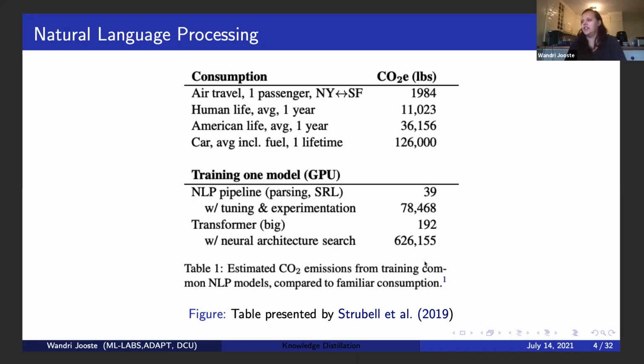As you can see on the slide, one of these models, using GPUs, emits about 5 times more carbon than the average car will in one lifetime. That's to point out again that we need to be aware of what we're doing.